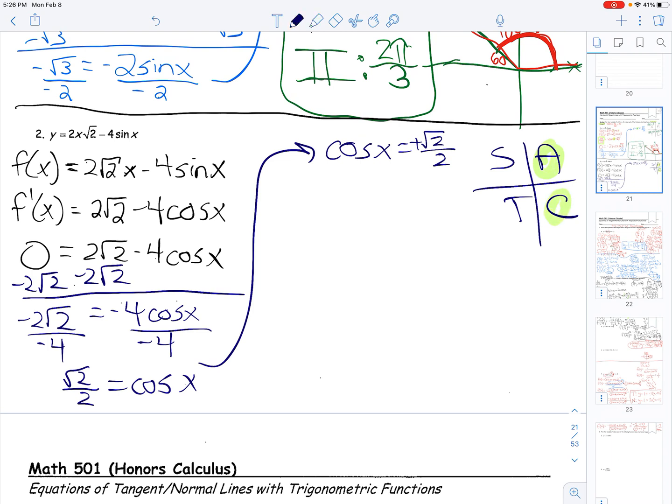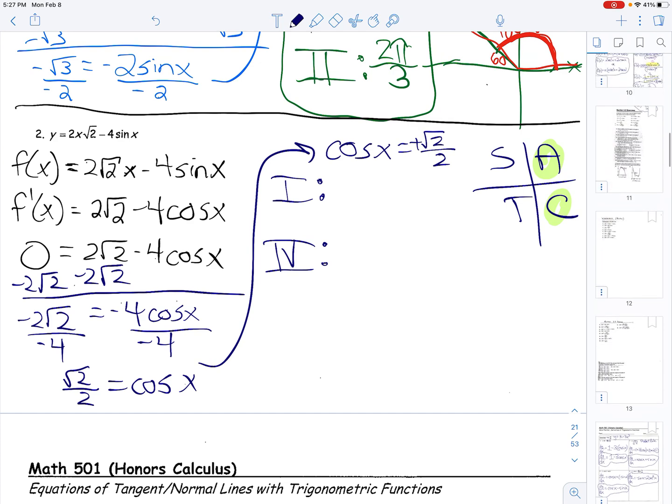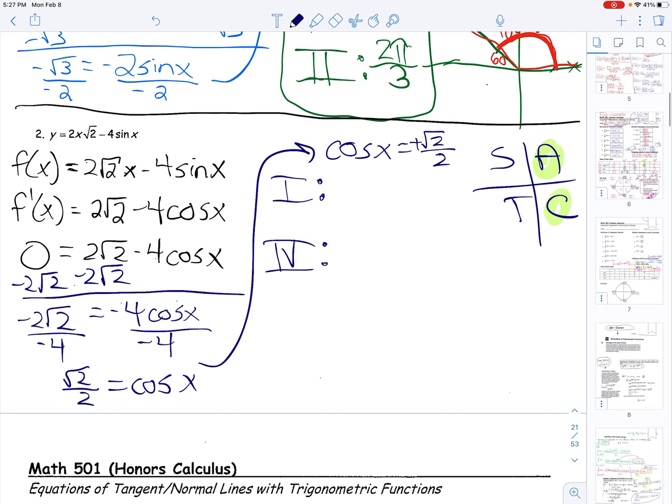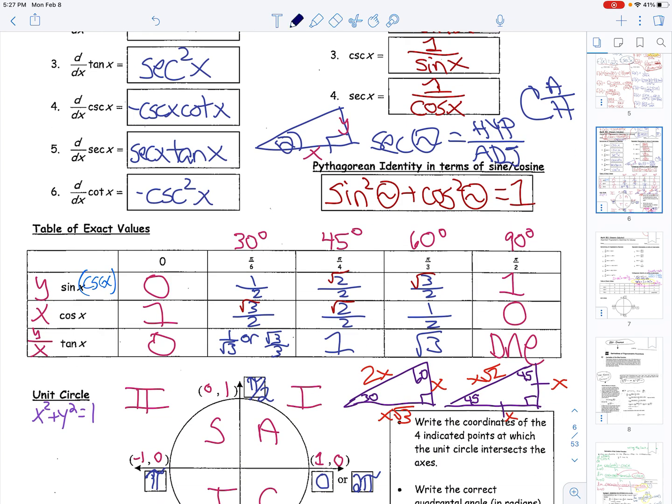Remember, all students take calculus. Cosine of x is positive, radical 2 over 2. Cosine is positive in quadrants 1 and 4. So we have to get the quadrant 1 angle and the quadrant 4 angle. So once again, that's an exact value, cosine of x to be radical 2 over 2.